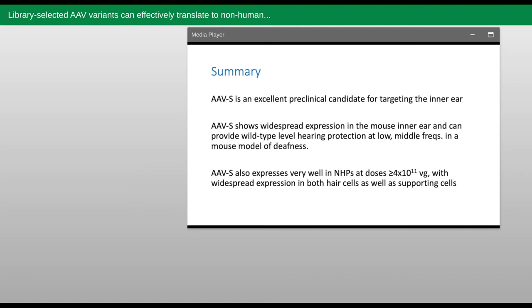And in non-human primates, at our higher doses, we get very high levels of expression across the cochlea. We think the levels of transduction in supporting cells indicate that this could be useful for treating GJB2 related deafness, and the high levels of expression in the hair cells open this up possibly to treating a range of diseases.